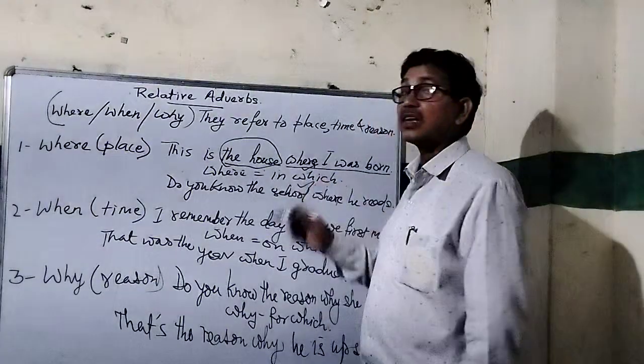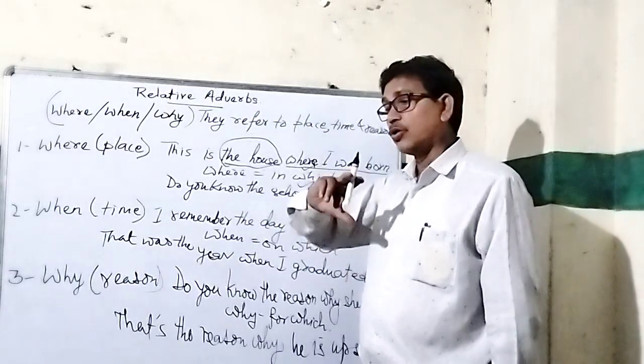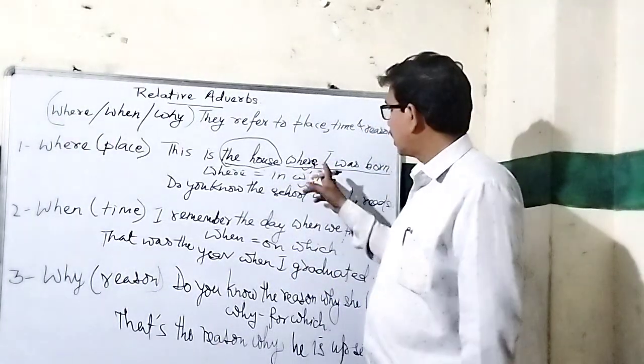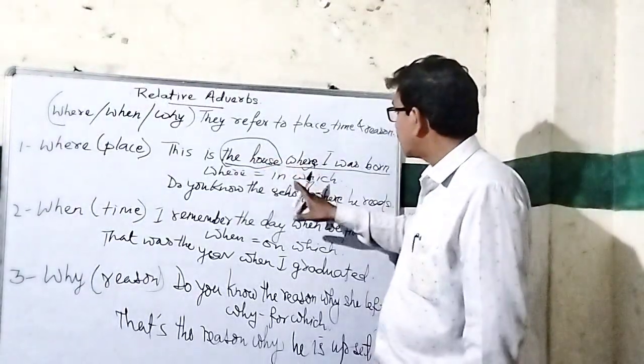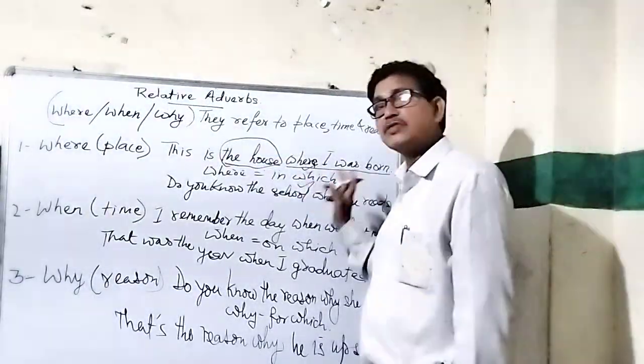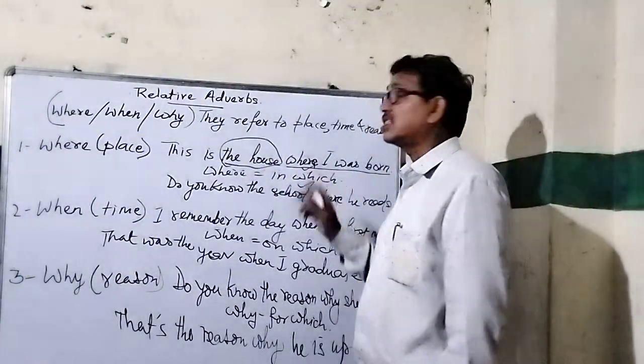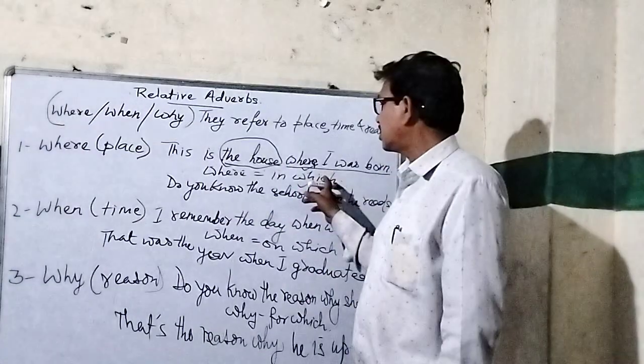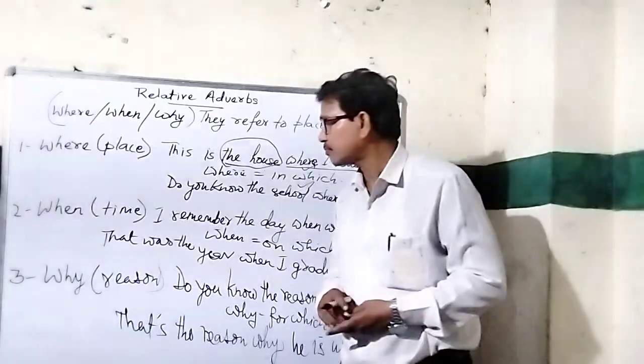So because this is a relative pronoun, the clause will be a relative clause. But this which is a relative pronoun, and it takes a preposition also. This which is the object of this preposition.